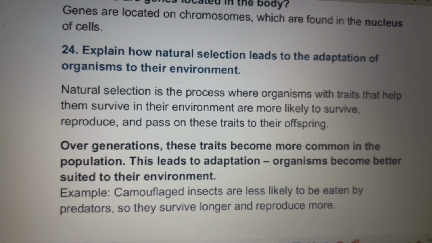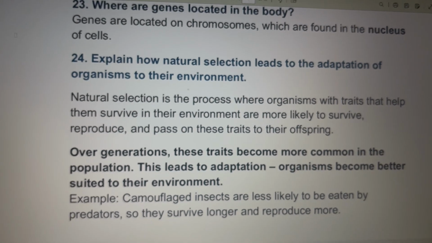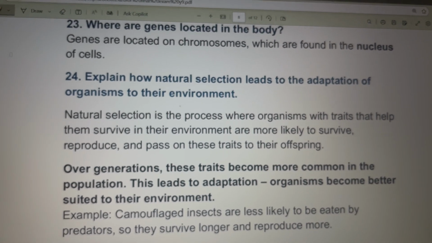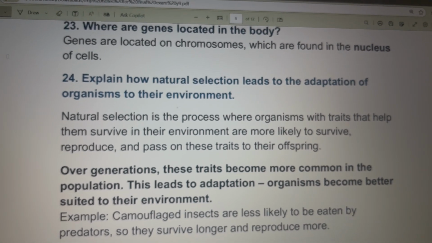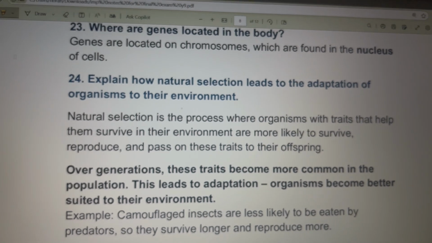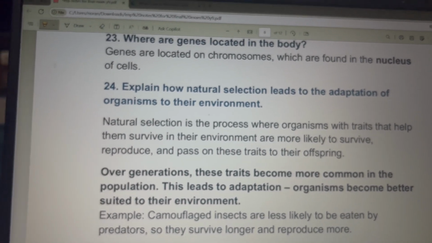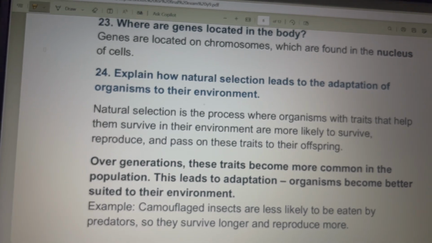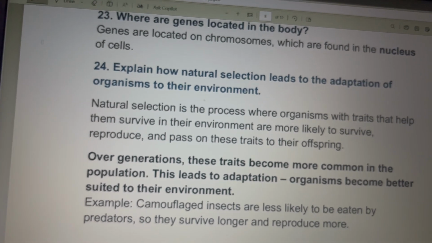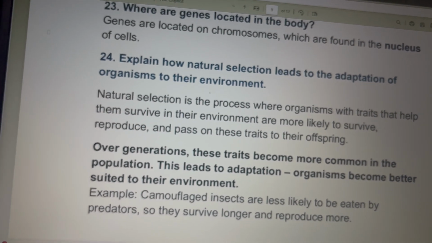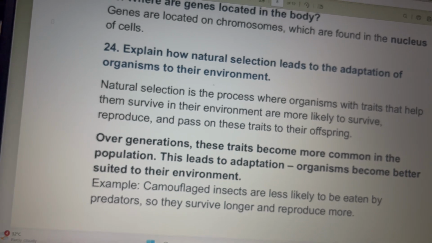They have better traits to survive. Like the giraffes example, we said the giraffes did not all used to have long necks, but the ones with long necks were the ones able to survive, while the others were not able to survive, which is called natural selection.